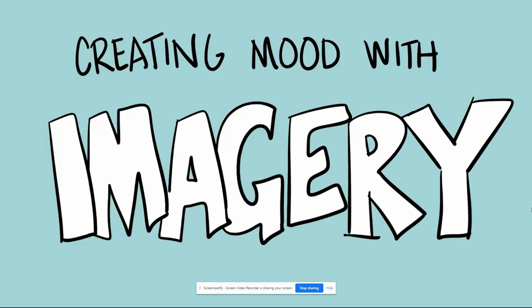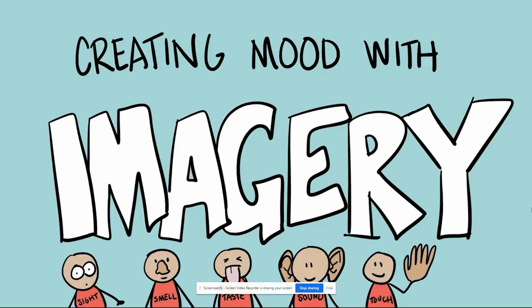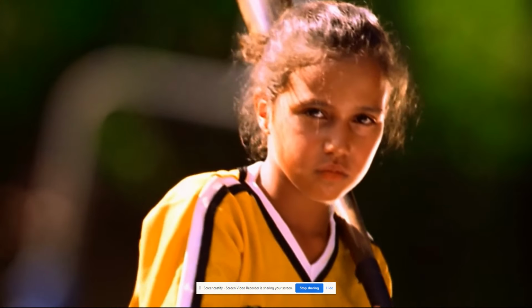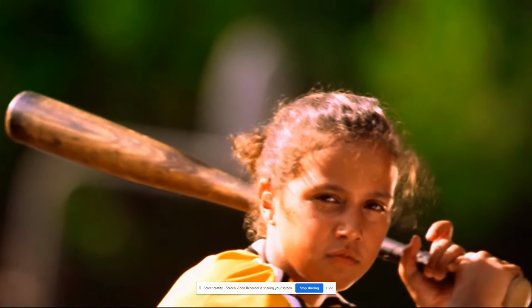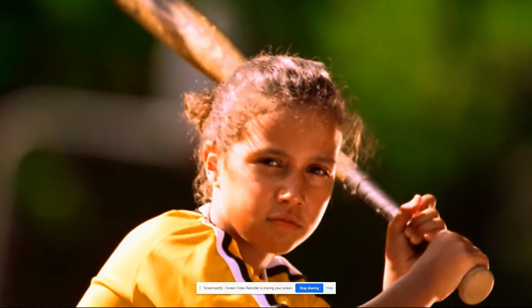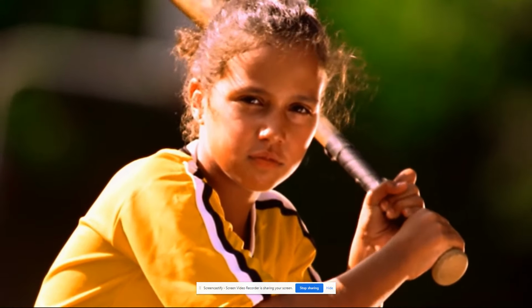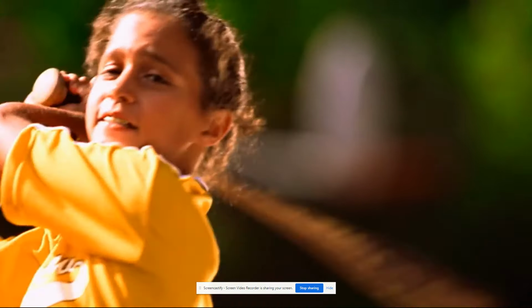Good writers pull readers into the world of a story by using vivid language that appeals to the five senses. This imagery is crucial to establishing a mood. See if you can find the imagery in this sentence. The wooden bat slipped in Emily's sweaty palms as she stepped up to home plate, the sun glaring down on her like a harsh spotlight. The crowd's piercing howls and jeers caused her heart to thump in her chest.